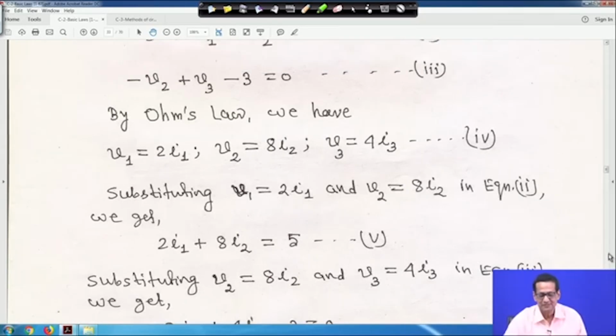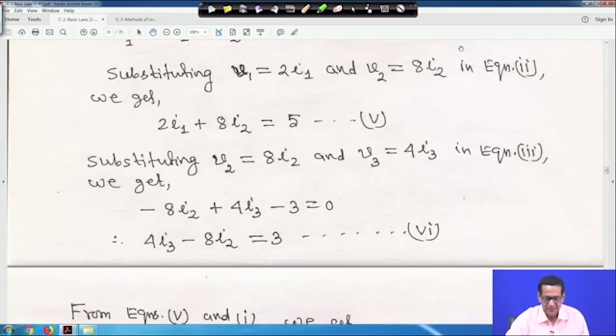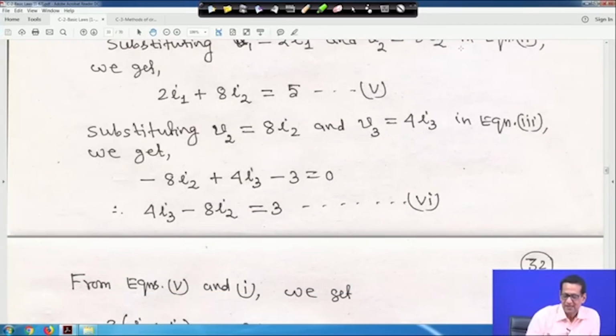You will get minus 8 I2 plus 4 I3 minus 3 is equal to 0, or 4 I3 minus 8 I2 is equal to 3. This is equation 6.